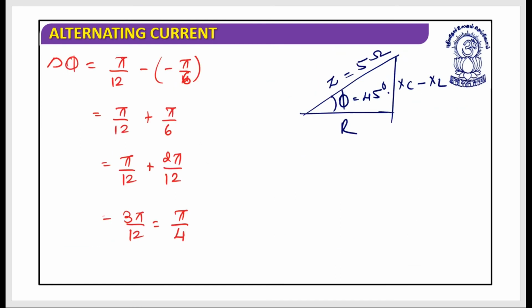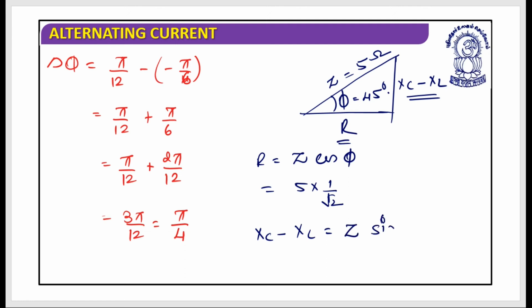Now I want the value of the R, which could be easily calculated. It's equal to Z cos phi, that is 5 into cos 45, which is 1 by root 2, as well as the value of XC minus XL, which is equal to Z sin phi. It is the same, 5 into 1 by root 2.